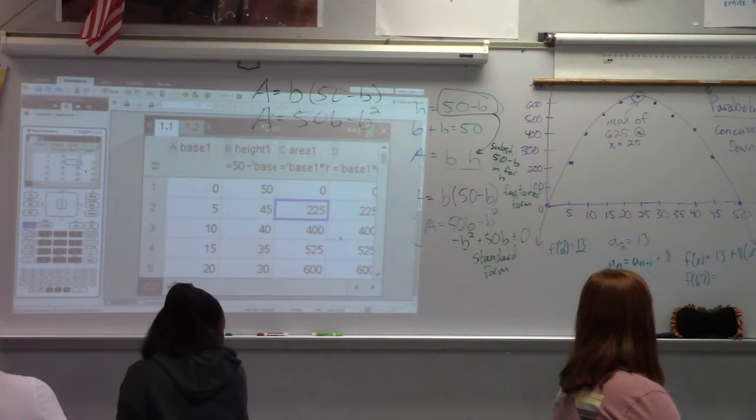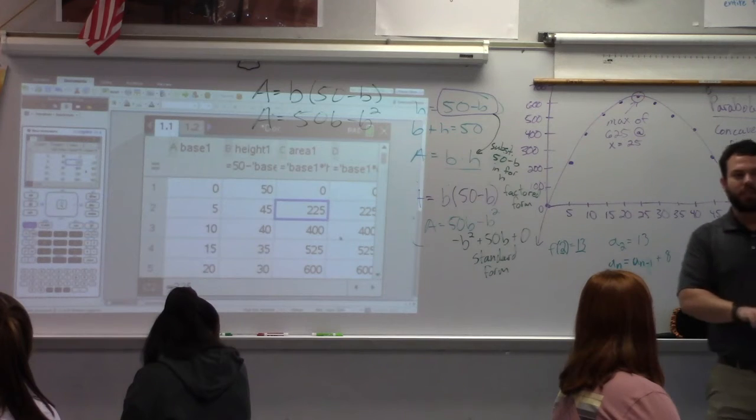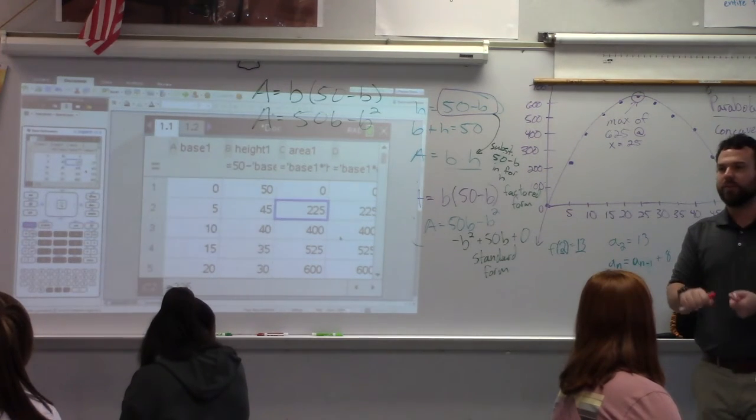I need you to pay attention to this. We have already studied one function that has a constant additive rate of change. Now I need you to hear me very clearly on this. This right here is constant additive. That is not the rate of change. This orange section, not purple, this orange section is the rate of change. But what type of function had a constant additive rate of change?